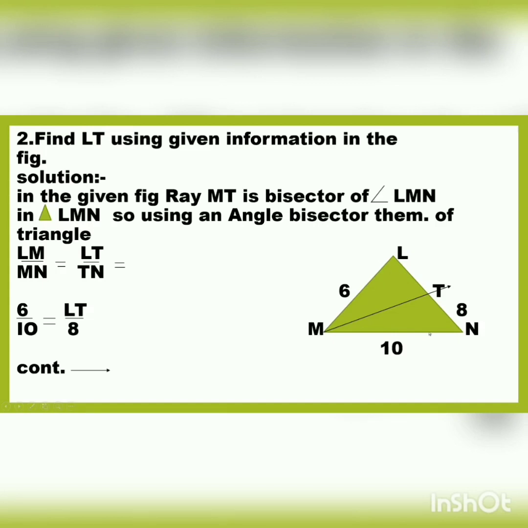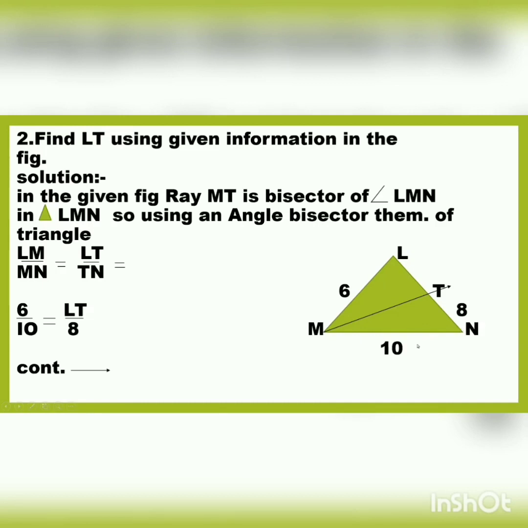Triangle LMN is given. You can see, read from this vertex, LMN. In triangle LMN, MT is the bisector of angle LMN.